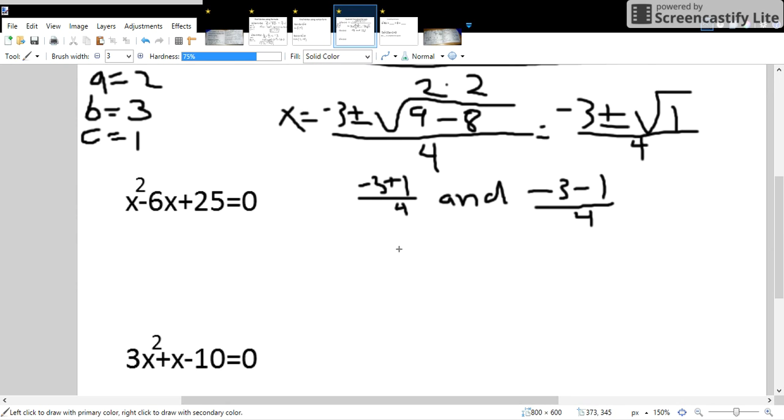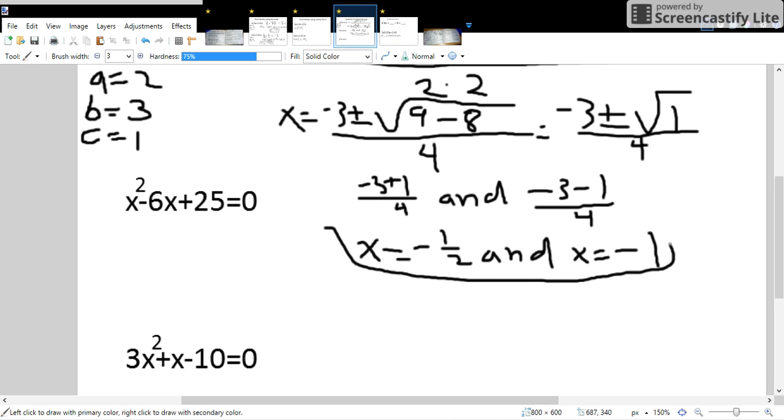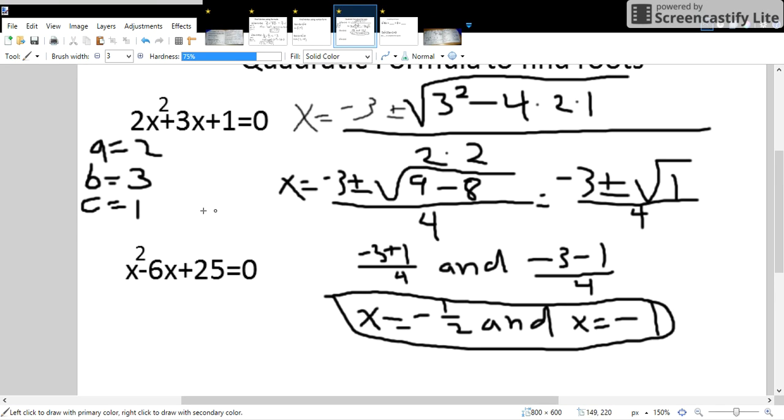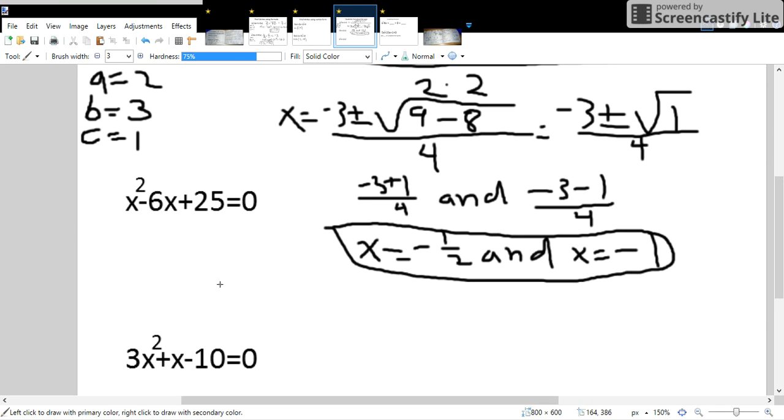And when you combine those, you get x equals negative 1/2 and x equals negative 1. So go ahead and pause the video and see if you can find the next one. This one will have something other than rational numbers only.